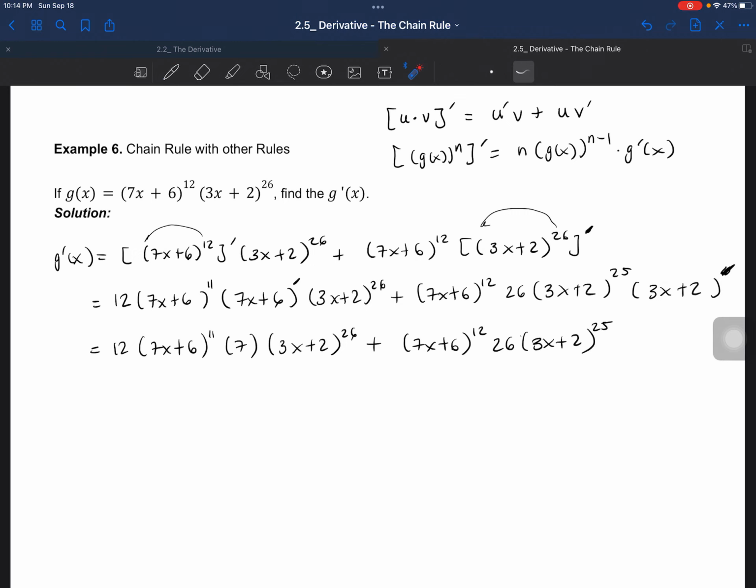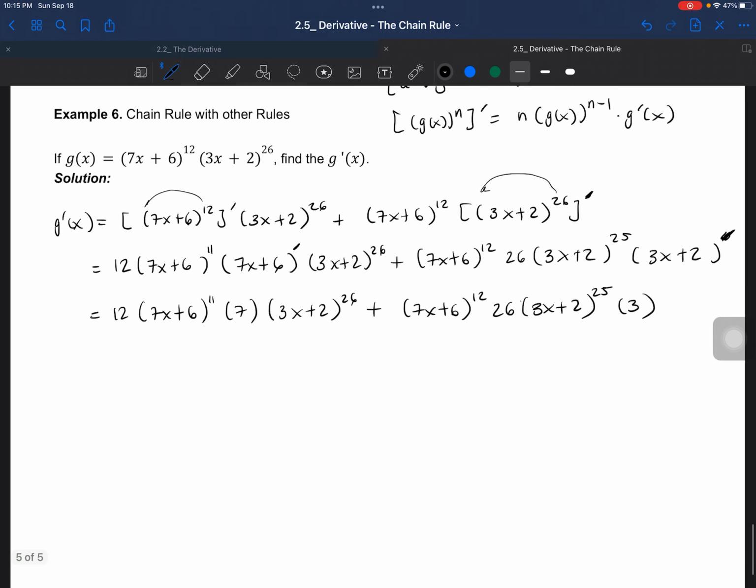The derivative of 3x plus 2: the derivative of 3x is 3, plus the derivative of a constant is 0. So 3 plus 0 is 3. And that's your derivative, right?